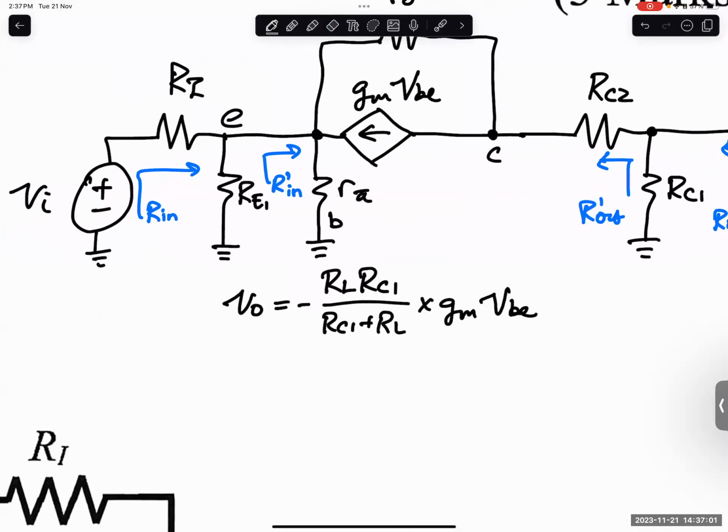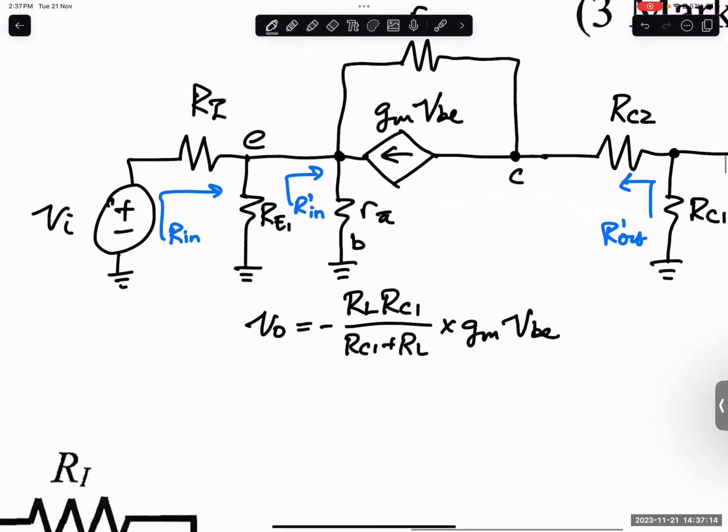Okay, so how do we do the V in? RI divided by RE1, voltage divide. So the current going through here is the sum of the current going down, going here.